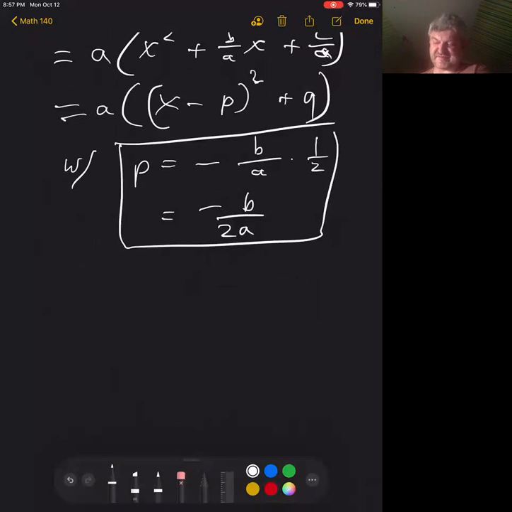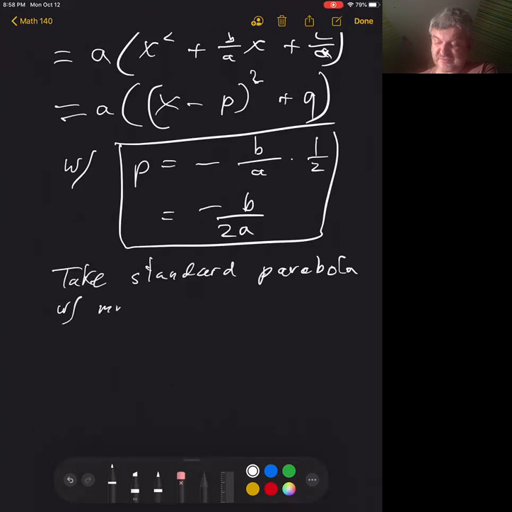What are the shifts that take the standard parabola with a constant multiple a to this function? Standard parabola with this constant multiple.